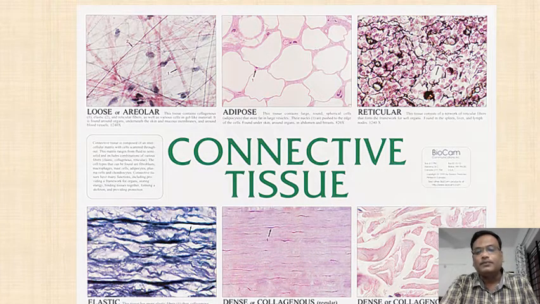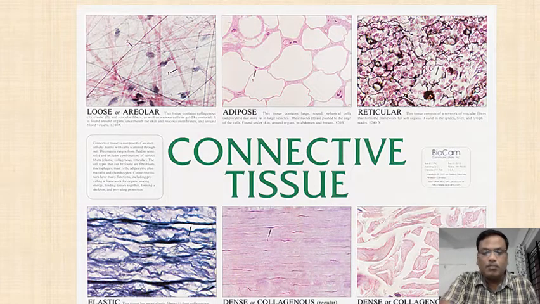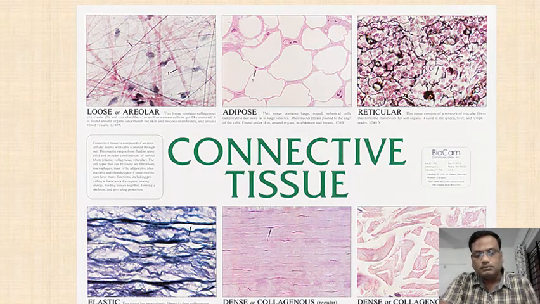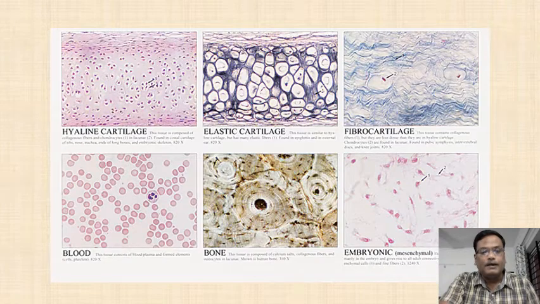So like this, the connective tissues differ in structure and also in function depending upon the components and the number of components, like more fibers give more strength, etc. Here are the supporting tissues like cartilage.